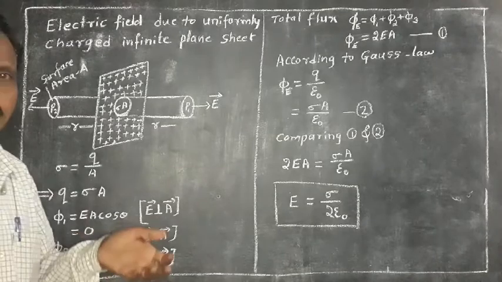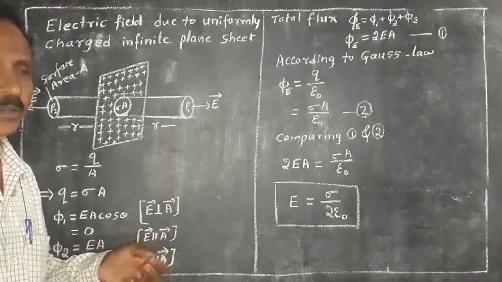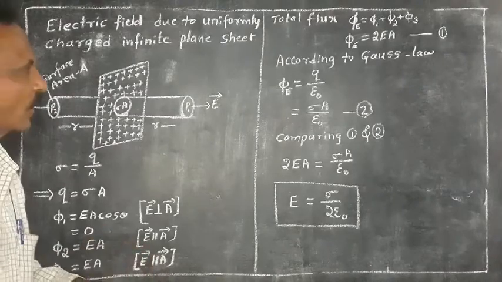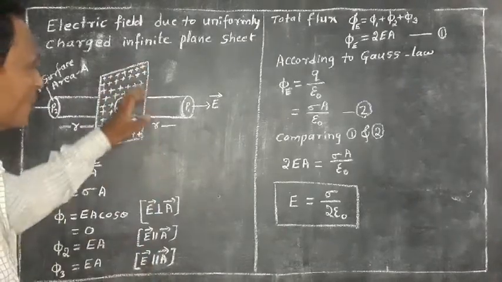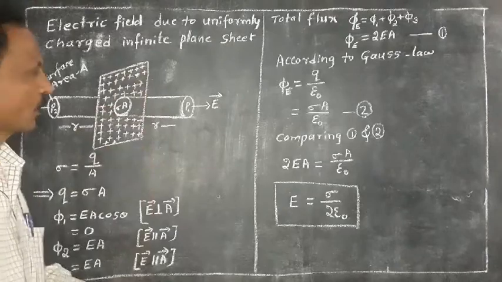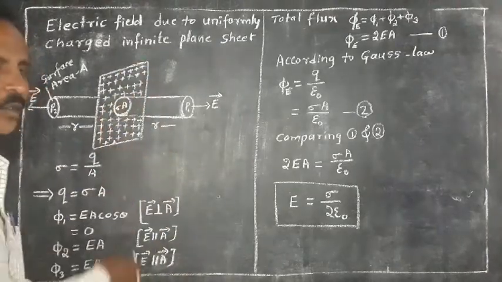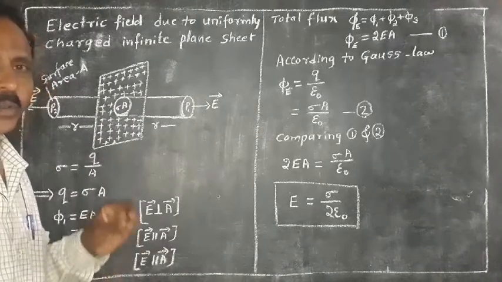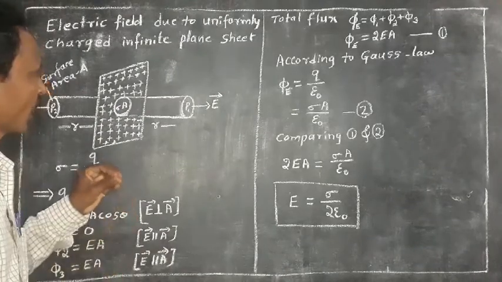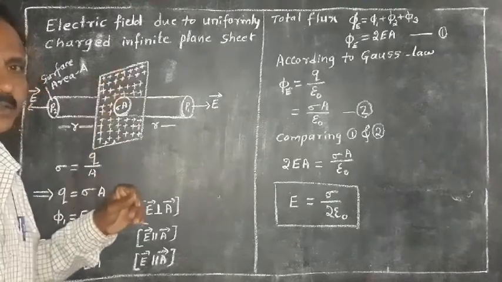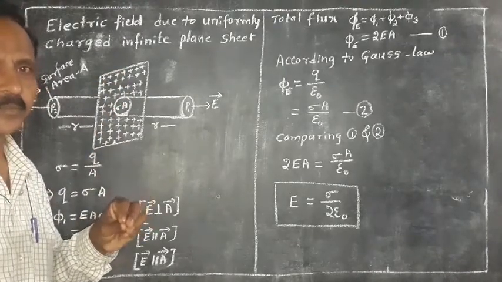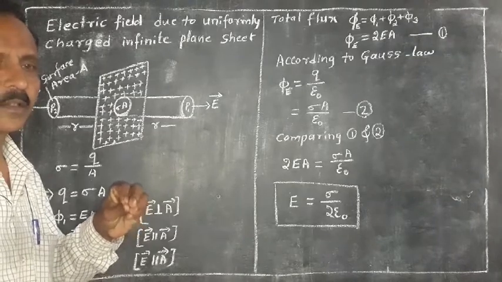If it is a point charge, then only we can use E equal to 1 upon 4 pi epsilon naught into Q upon R square. But here charge is uniformly distributed, that is, charge is continuous on the surface. In this case, we use the total charge on that surface in terms of charge density, that is surface charge density.